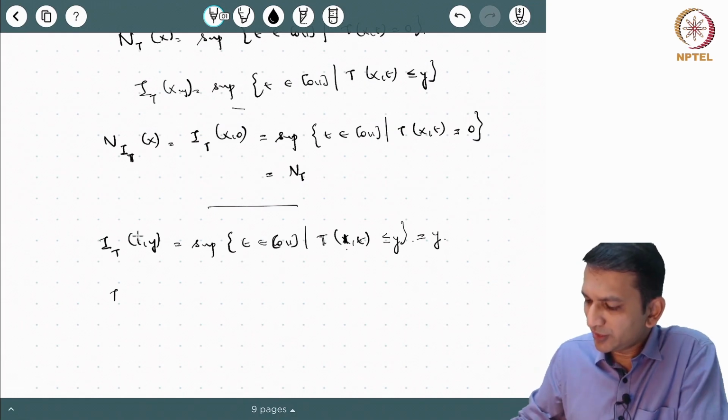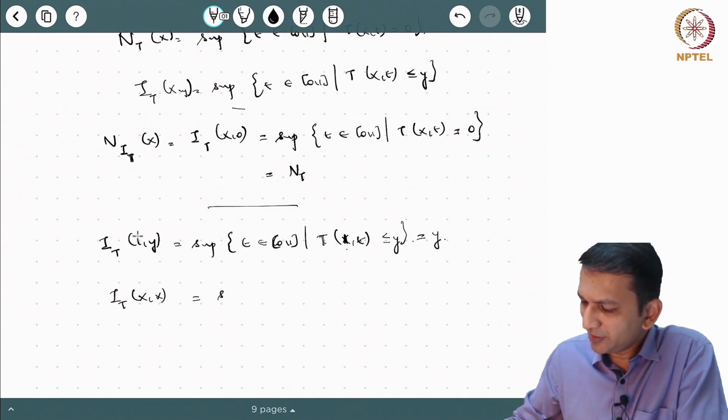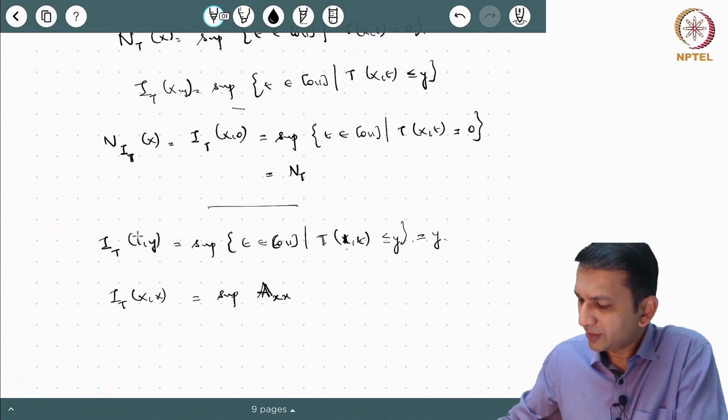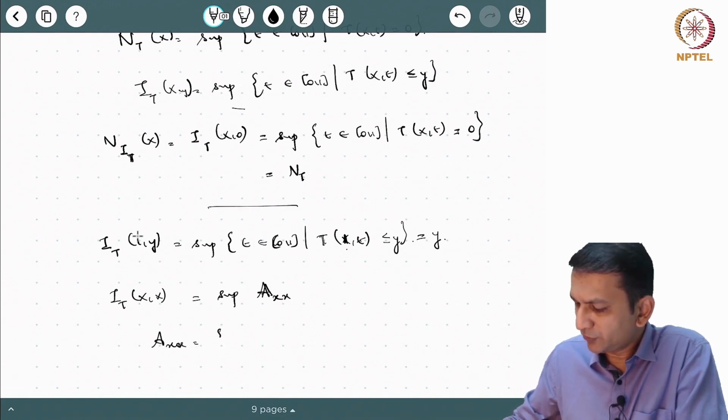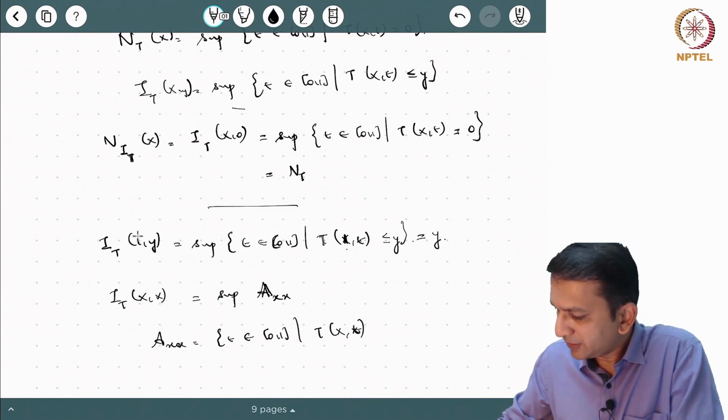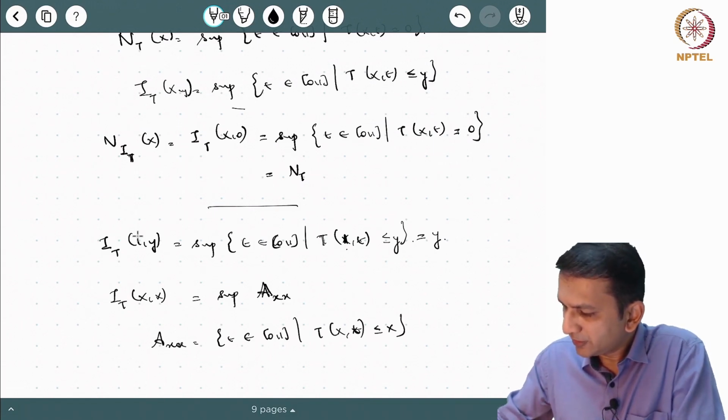Now what happens to the case I_T(x,x)? Looked at another way, it is the supremum of A_xx, where A_xx is the set of all those t element of [0,1] such that T(x,t) is less than or equal to x.